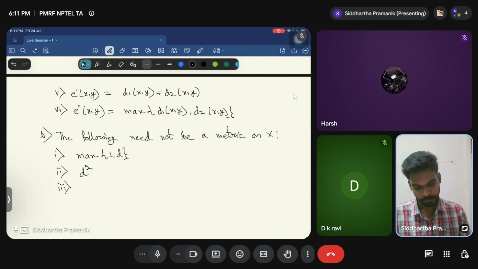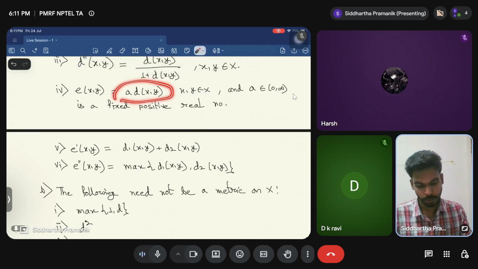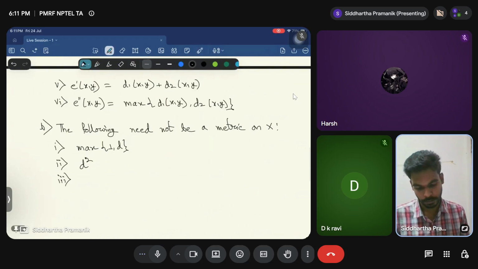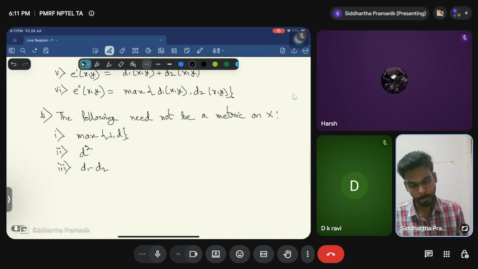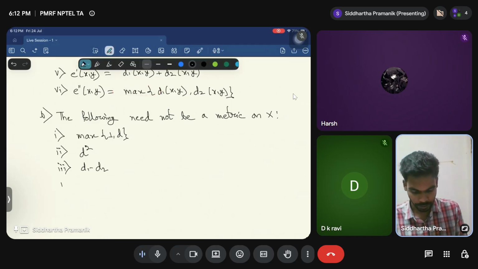And this is just positive scalar multiplication, and this is a sum. Instead of the sum, if we take, let's say, the difference, then we can say that it also need not be a metric. And here, if we replace the maximum by minimum, then that one also need not be a metric.